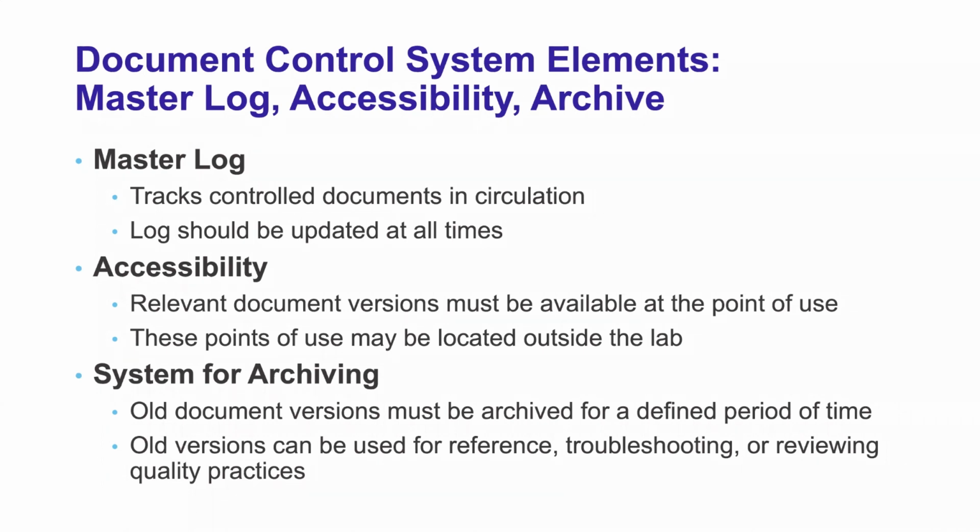That way you're keeping track of all the control documents that are in circulation so that there are no documents missing and no documents floating out there that you haven't accounted for, so that when you go back and do your revision or update anything, there are not old things out there circulating that you missed.